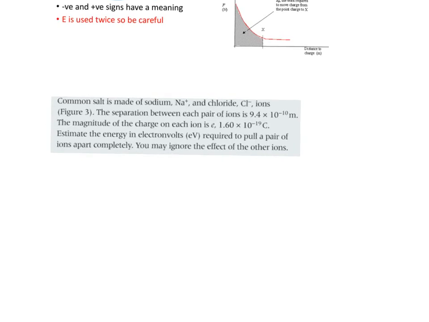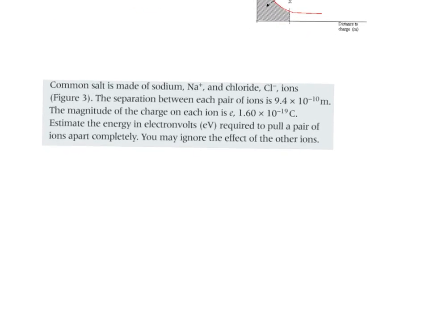Now just a very quick example on this. It says common salt is made from sodium and chloride ions. I didn't put the figure here, so this is an example question from the book. So what you have is your sodium and chloride ions. So there will be the negative and positive structure.